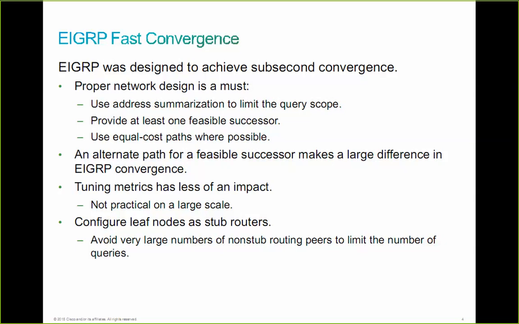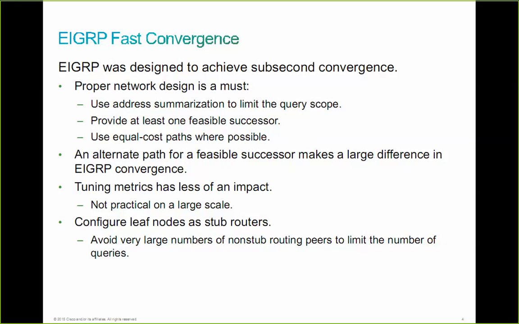Now we can tune EIGRP metrics using the delay parameter if we want to. We can tune it using the bandwidth parameter. But adjusting the delay on links gets really difficult to do at scale.